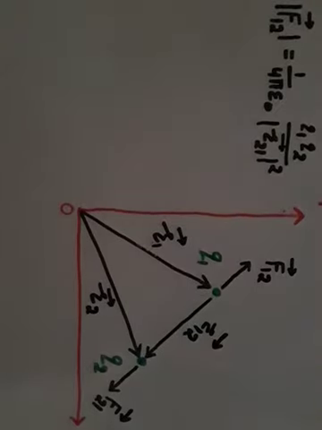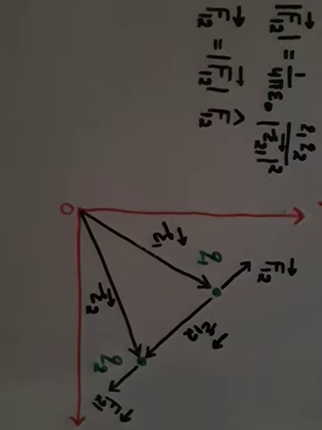According to Coulomb's law and from the figure, the magnitude of F12 is given by 1 upon 4 pi epsilon naught Q1 Q2 divided by the square of the magnitude of the distance between the two charges Q1 and Q2.